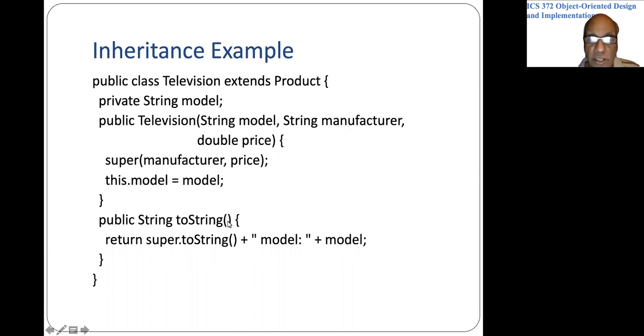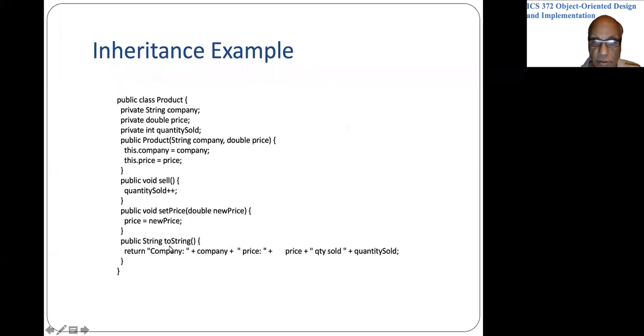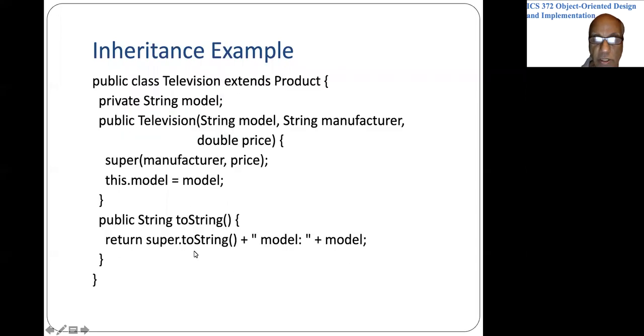And look at the toString method. I'm calling the superclass's toString method, which is over here, which will return the company name, this entire string, price, quantity sold, and so on. And attached to that, this string model followed by the model name.